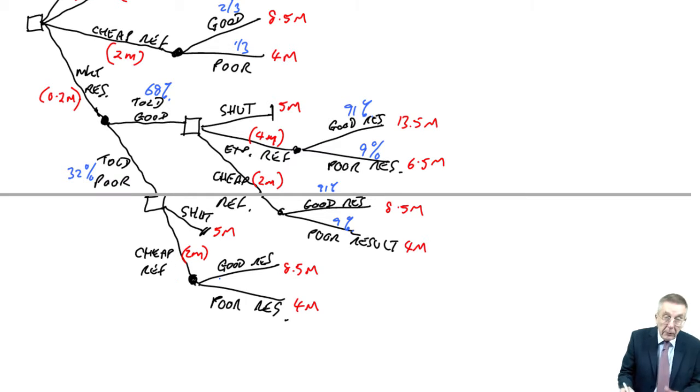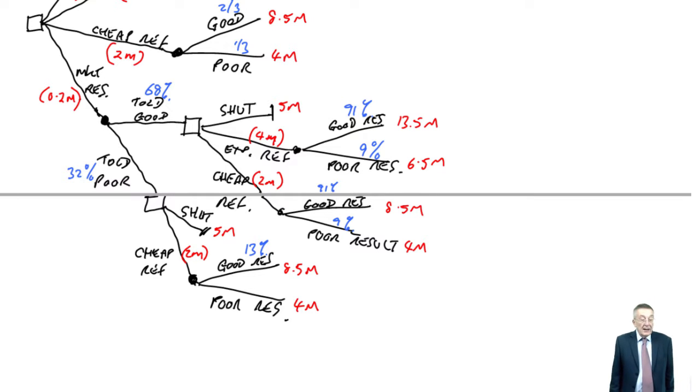So it turned out we were only going to consider cheap refurbishment, but there's a 13% chance they were wrong, and the result is actually good. But of course, more likely, 87% chance that they were right, 100 minus 13, and it's a poor result. So there we are, we've drawn the tree.